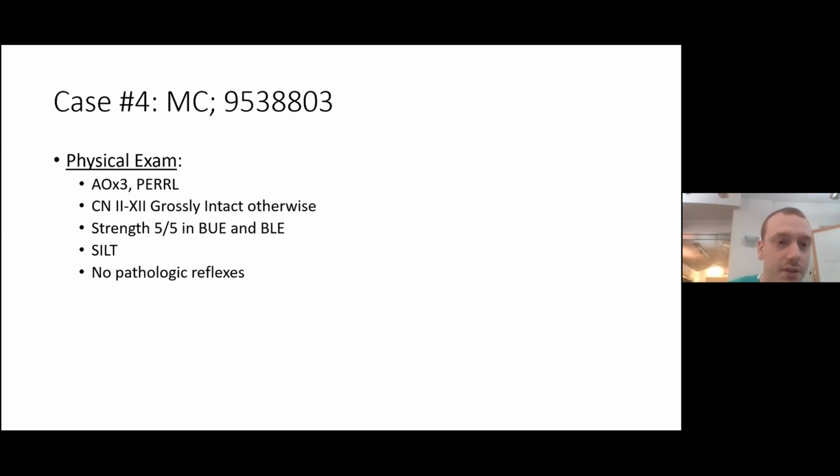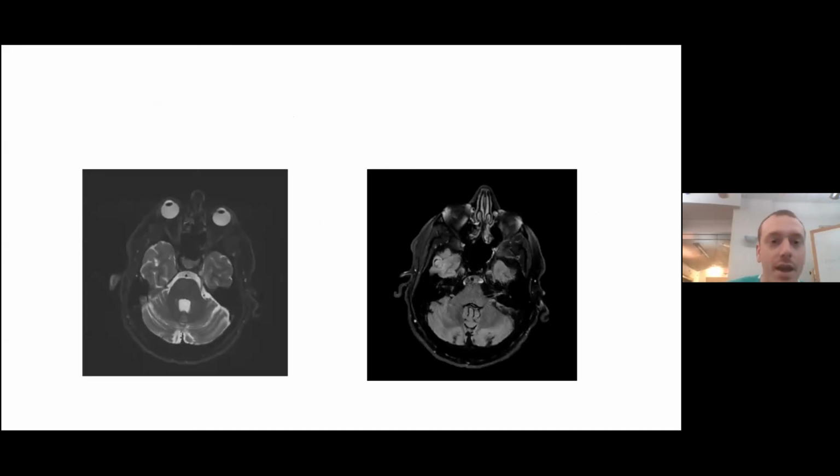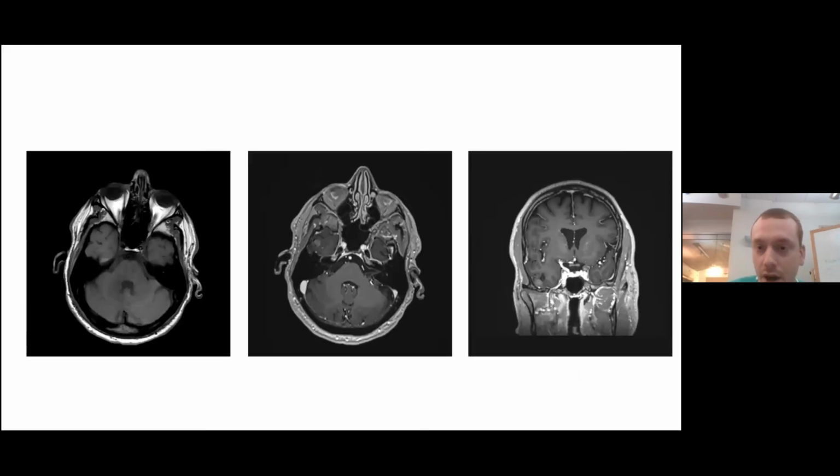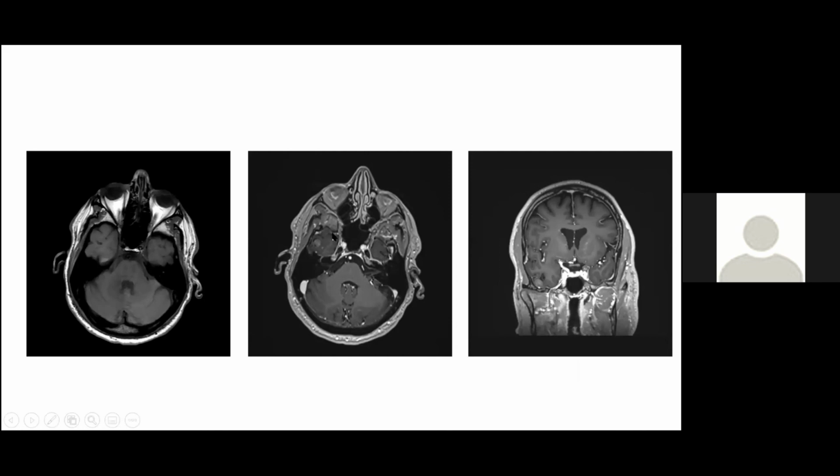Physical exam was basically normal, and these are the images. Really difficult, not that obvious. Maybe on the contrast one you can see a little bit better. Yeah, on that right anterior temporal lobe, it looks like there's a contrast enhancing, circular lesion.